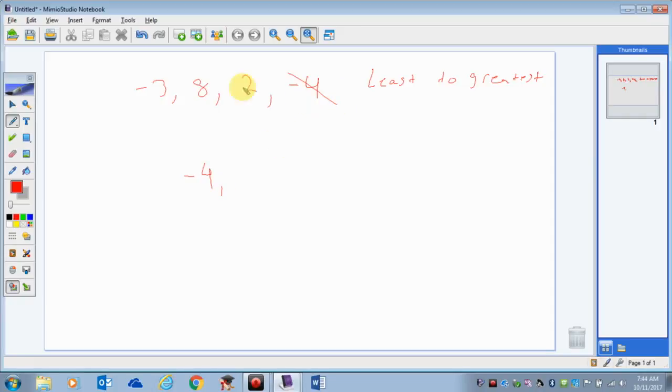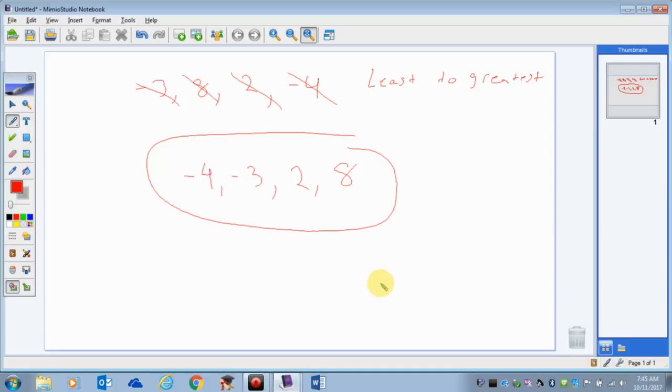I look at the next one, I've got another negative, so it's going to be negative 3. Do I have any more negatives? No, I don't. I've got 2 positives. What is the smaller of the 2 positives? It would be 2. And then the last one left is the highest number, the greatest number, which is 8. So that would be that group of numbers ordered from least to greatest.